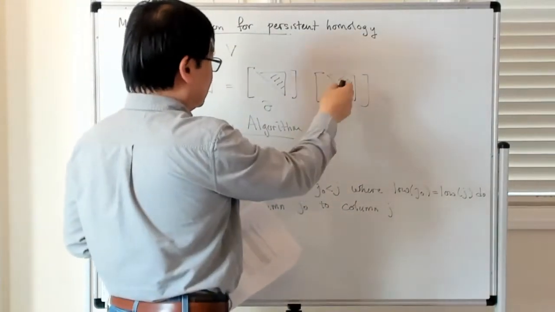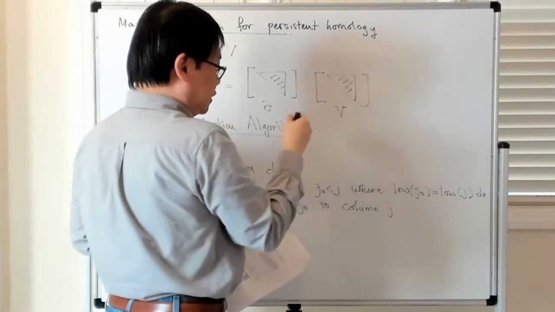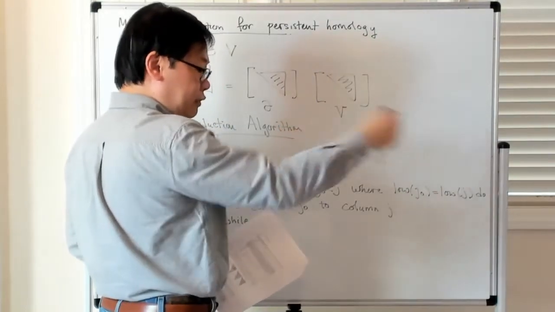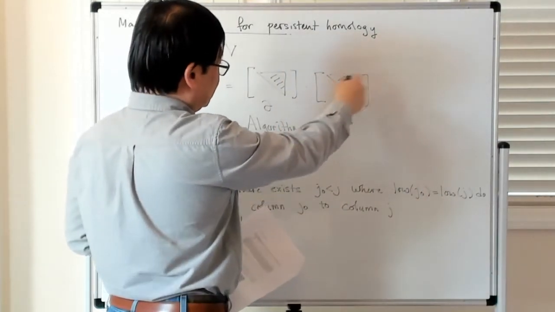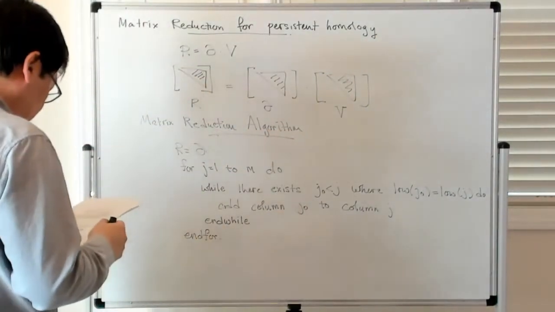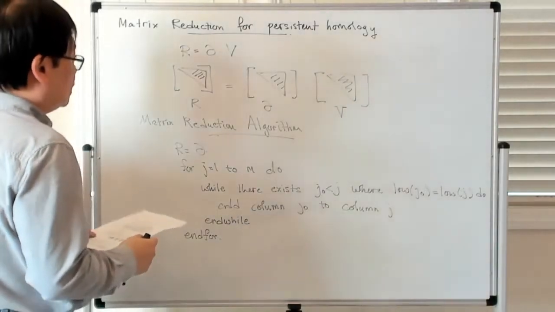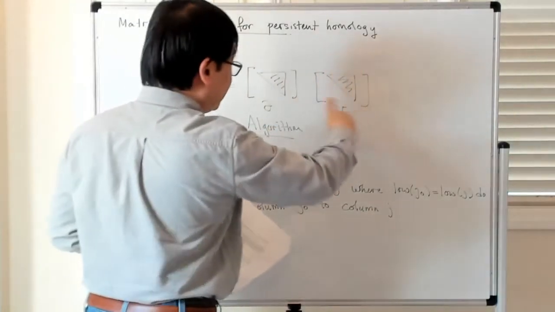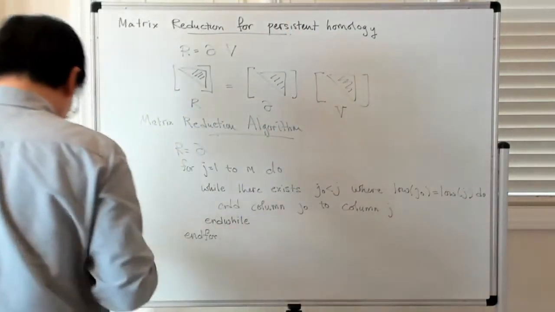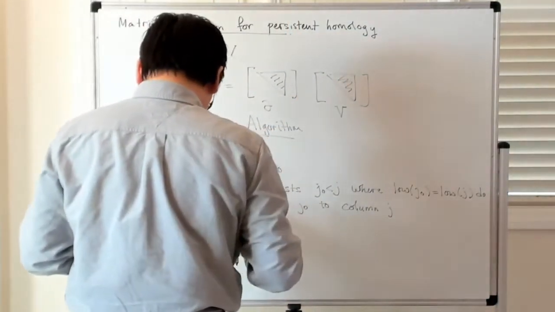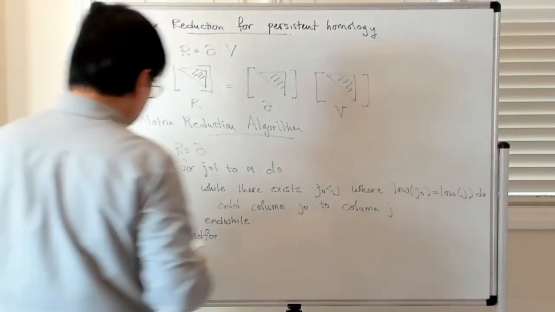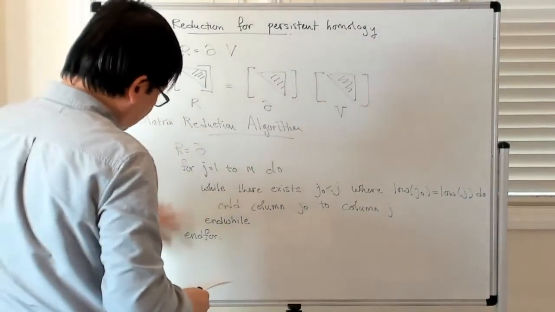And you can convince yourself that the operation of adding one column from the left to a column on the right is represented by an upper triangular matrix, and that the upper triangular matrix is acting on the boundary matrix on the right, so that it acts on the columns.